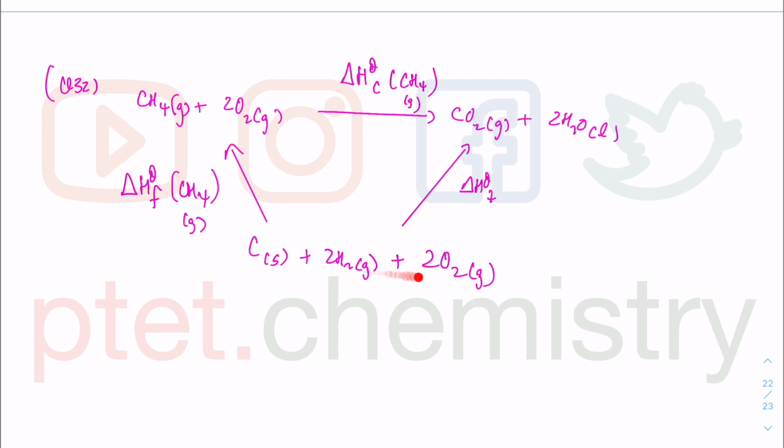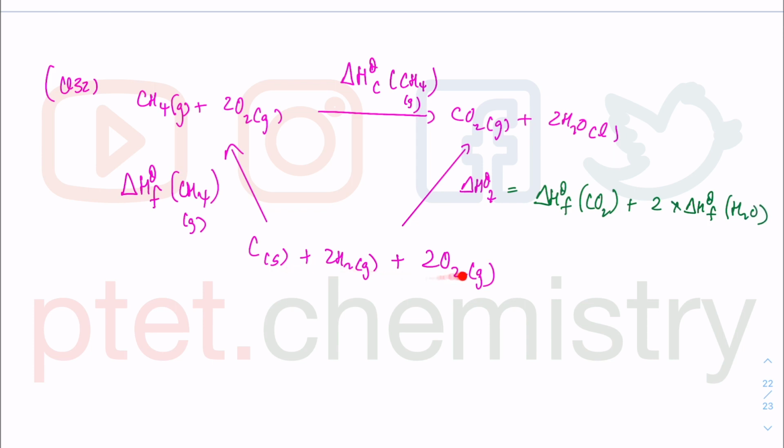Thinking about this, going from here to here, what we can see is we are burning the carbon completely and we're burning the hydrogen completely. So this is equal to the enthalpy of formation of CO2 plus 2 times the enthalpy of formation of H2O.